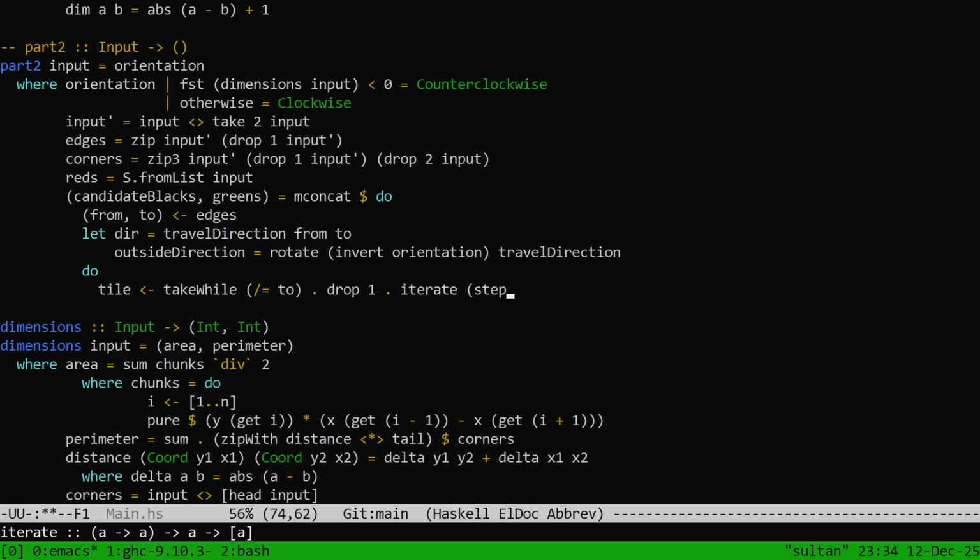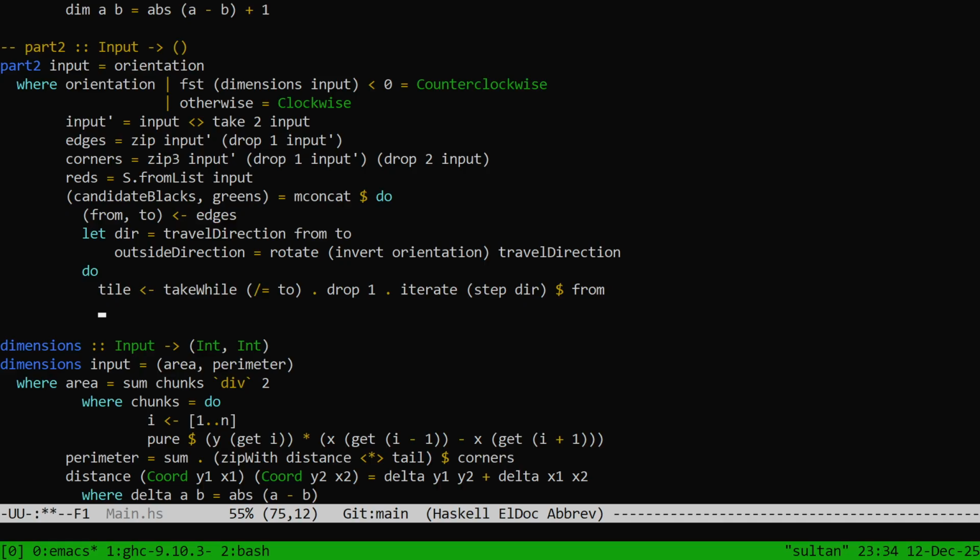Iterate step in the dir of from, like this. These are all the tiles that we're visiting that we're going to mark as green. And then we'll say step in the outside direction from tile and then the tile itself, right? Does this make any sense?